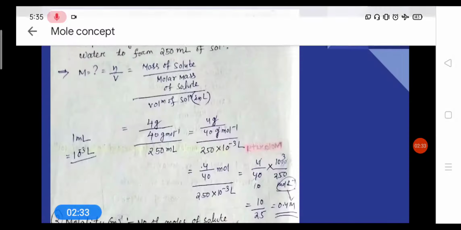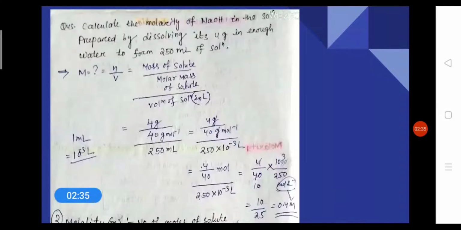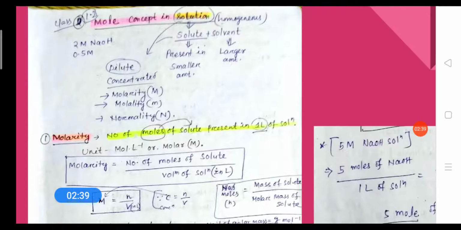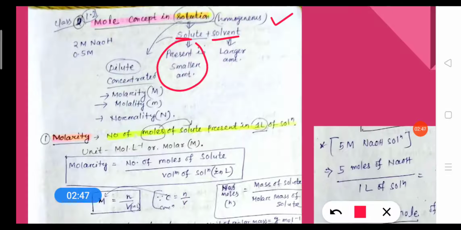Here it is written, I have told that we are discussing homogeneous mixture. Solute plus solvent gives the solution. Solute is present in smaller amount and solvent is present in larger amount, and molarity and normality are concentration terms.